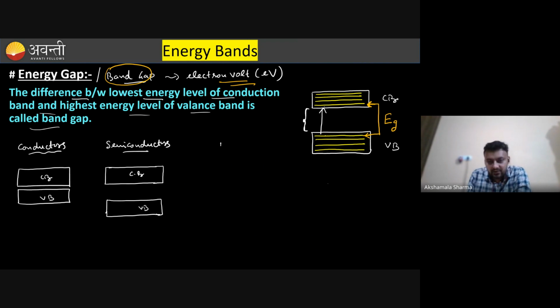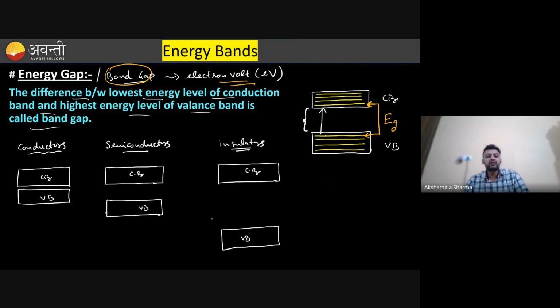And in insulators, this gap is very much higher. And if this gap is very much higher, you can conclude why insulators do not conduct. Now answer me, why do insulators not conduct?